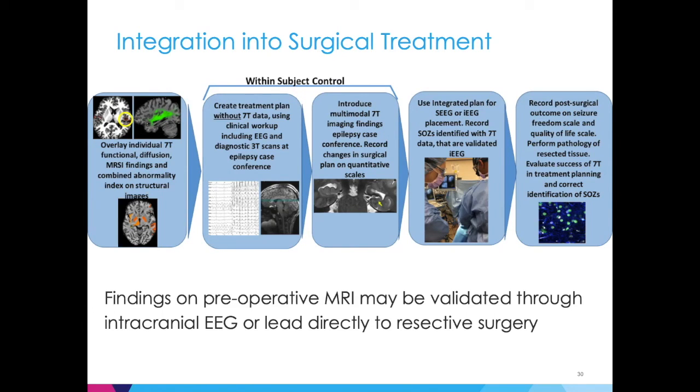And so we have integrated it into surgical treatment with a lot of thought, and we provide a within-subject control where we integrate the 7T data into the clinical case conference only after assessing everything with the clinical diagnostic scans at lower field strengths, and then recording the changes that happen in the treatment plan due to the introduction of the 7T data.